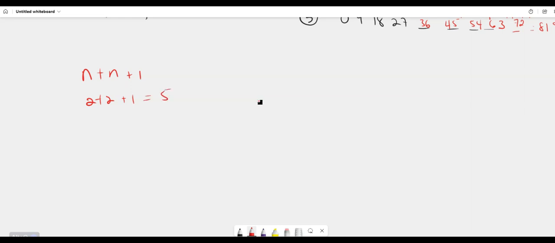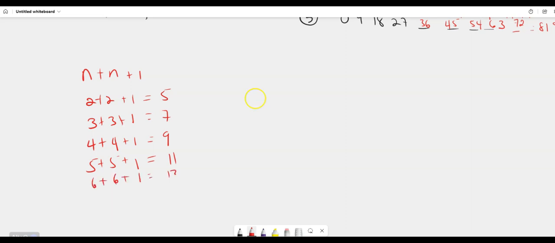For 3, it will be 3 plus 3 plus 1, that would give you 7. If the next number is 4, it would be 4 plus 4 plus 1: 4 and 4 is 8, and 1 gives you 9. Then 5 plus 5 plus 1 gives you 11. Then we would have 6 plus 6 plus 1.